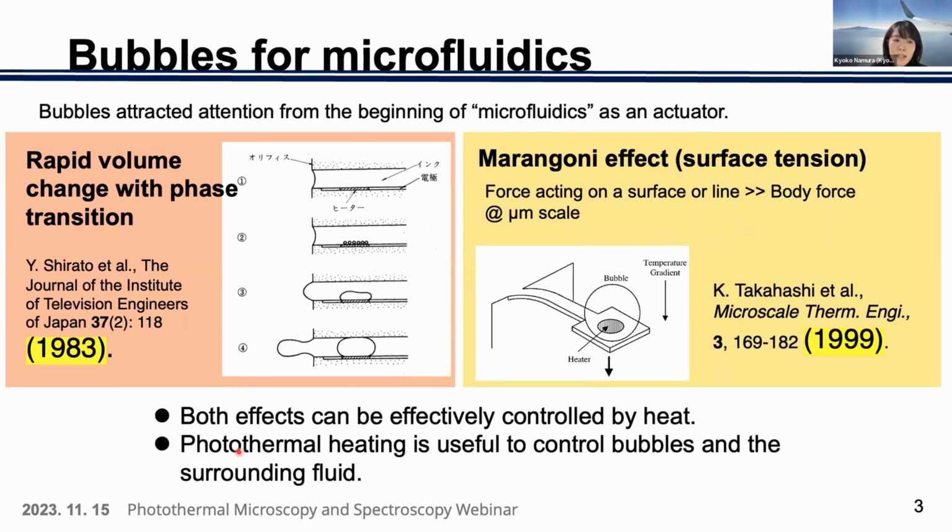Now, the important thing is that both of these effects can be effectively controlled by heat. So now we can use photothermal heating to control those effects in a very good manner.